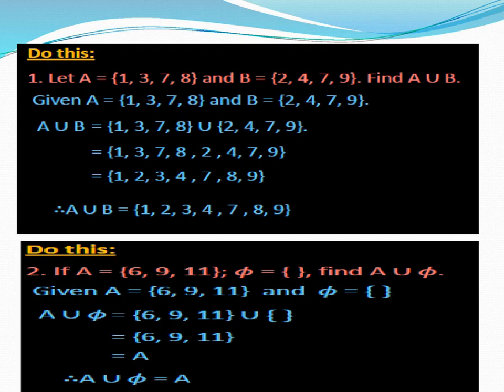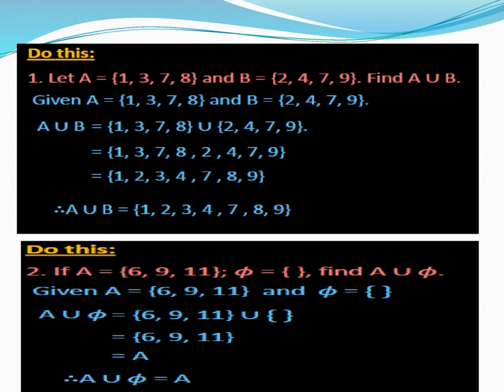You write all elements which are in A or B. So {1, 3, 7, 8} union {2, 4, 7, 9}: we write all elements 1, 3, 7, 8, 2, 4, 7, 9. Now we write them in order, 1, 2, 3, 4, 7, 8, 9. Then A union B equals {1, 2, 3, 4, 7, 8, 9}.